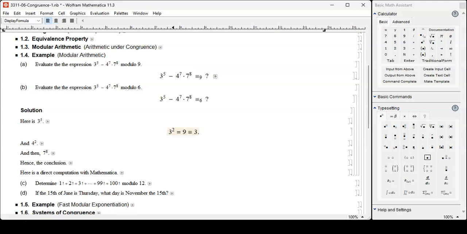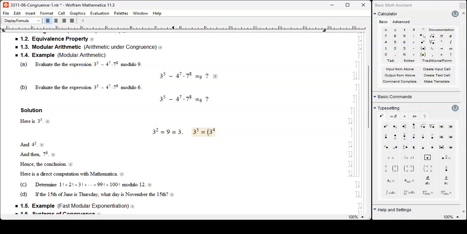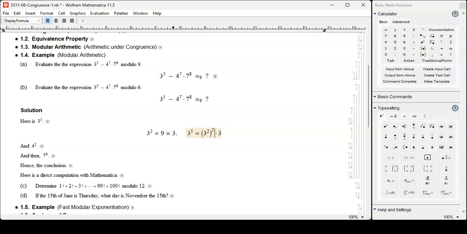So 3 to the 5th power is 3 to the 4th power times 3, and that's 3 squared, squared.